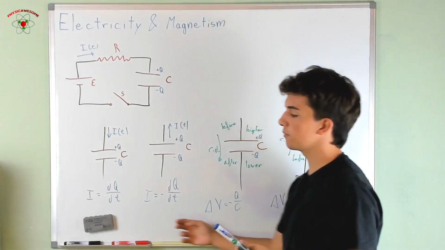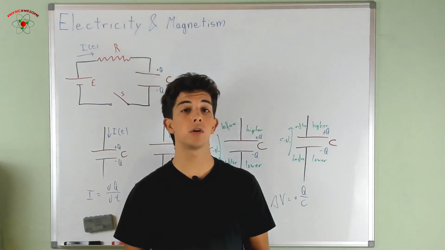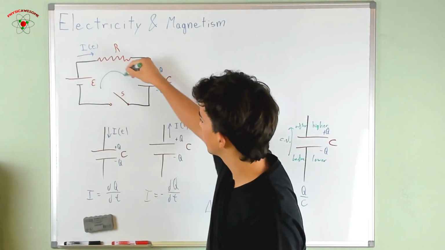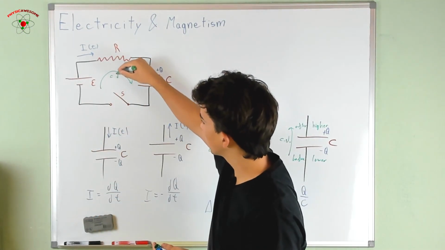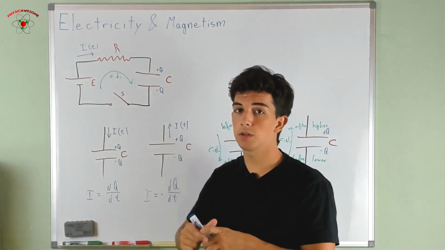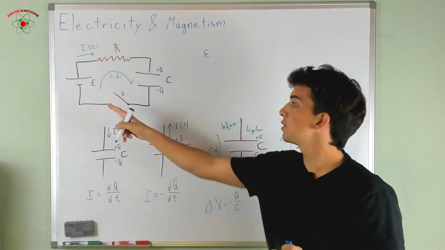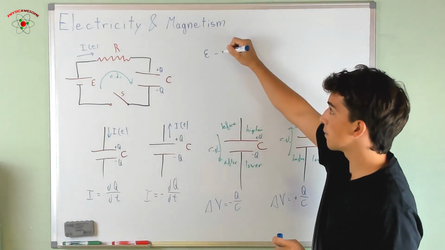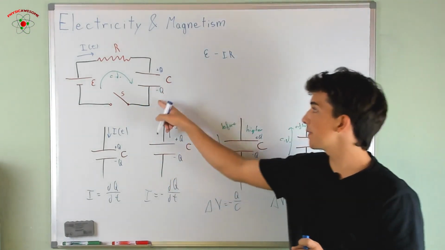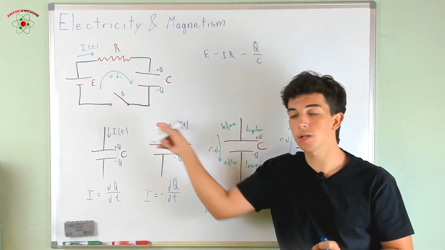Now that we have all of these tools, we are ready to apply our second Kirchhoff law on our system. Let's use this circulation. Then we're going to have that first epsilon, first element, once the switch closes, first element epsilon, then minus IR for the resistance, and minus Q over C as we're going from positive to negative.